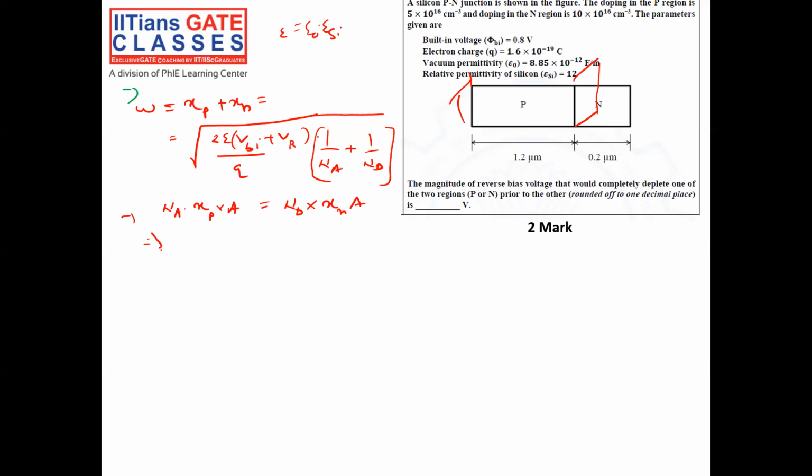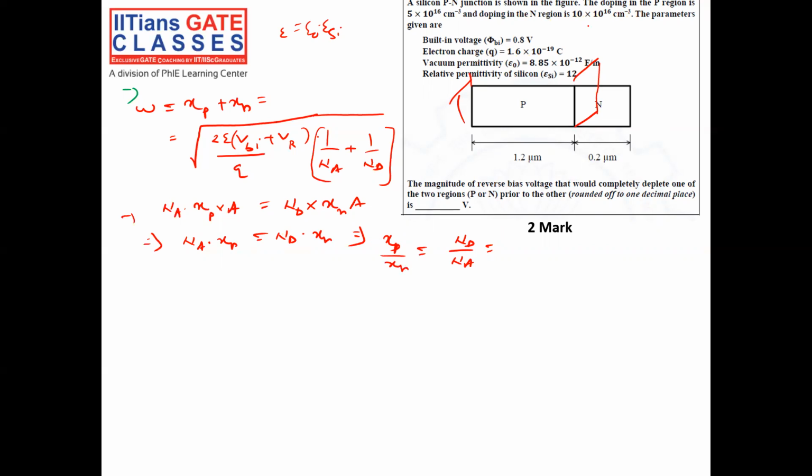This simplifies to Na into XP equal to Nd into Xn, so XP by Xn is equal to Nd by Na. What is given here?